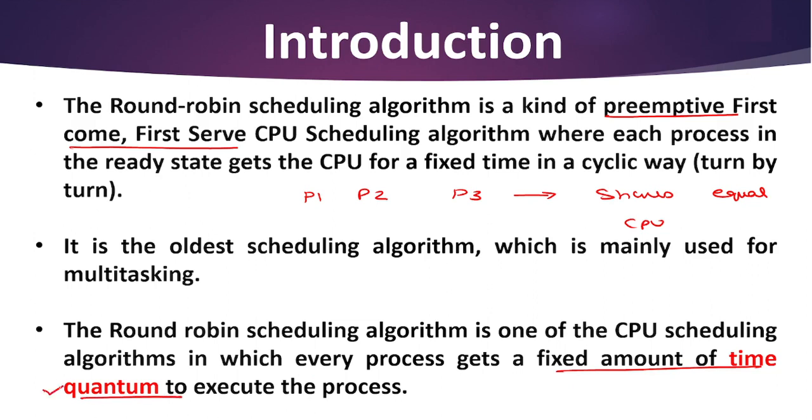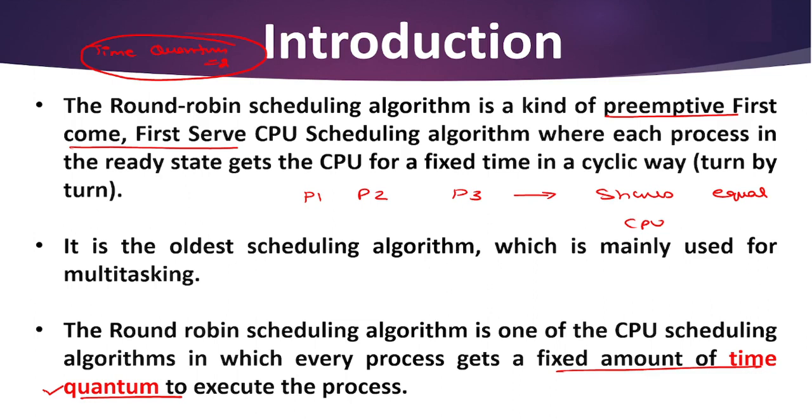This is the keyword for round robin. Whenever any question gives a time quantum, let's say 2, 3, 4, 5, anything, that means the question is all about the round robin algorithm. Out of the important scheduling algorithms, round robin is very efficient, but its efficiency depends on the chosen time quantum. We will discuss everything one by one with an example.